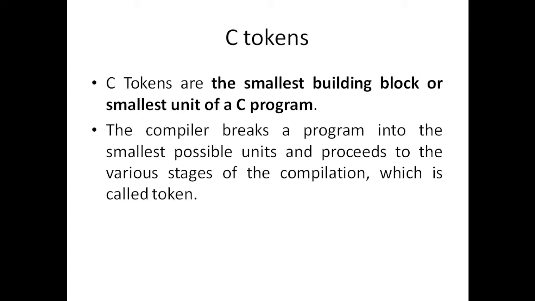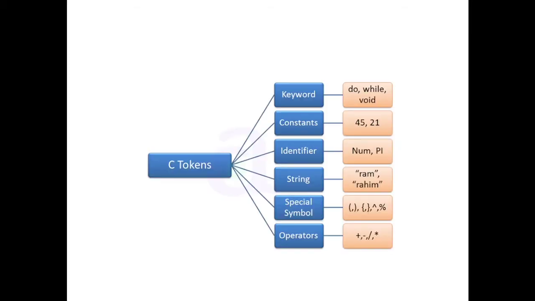This is the smallest individual unit in a particular program, and that's called a token. The compiler breaks a program into the smallest possible units and proceeds to the various stages of compilation. These units are called tokens.